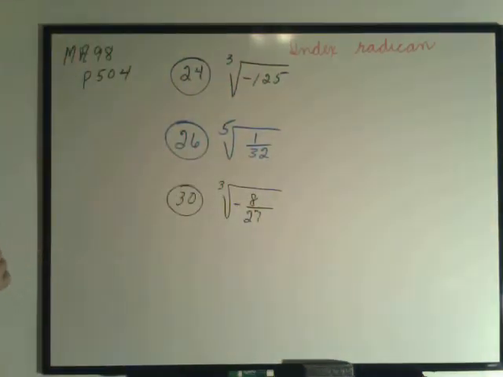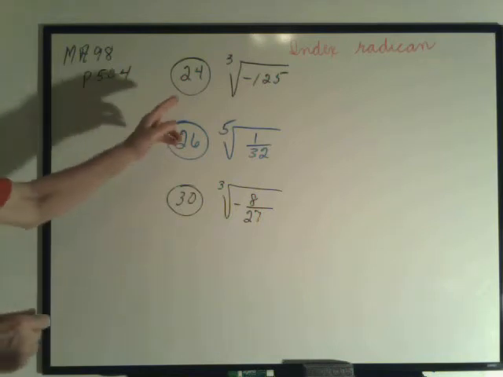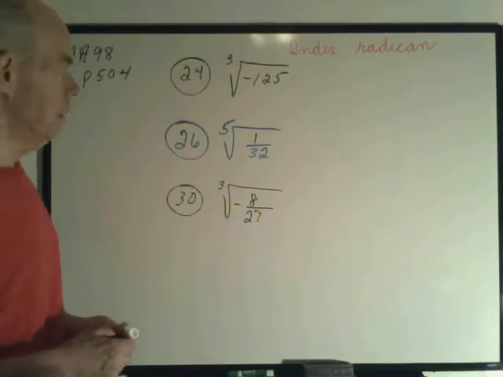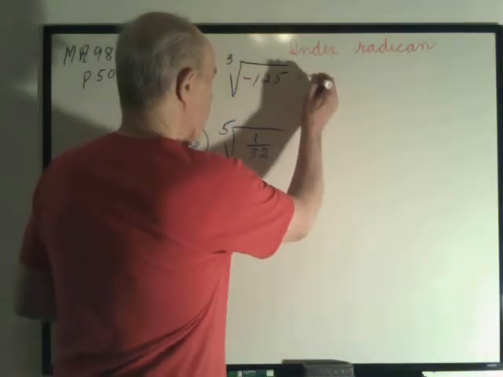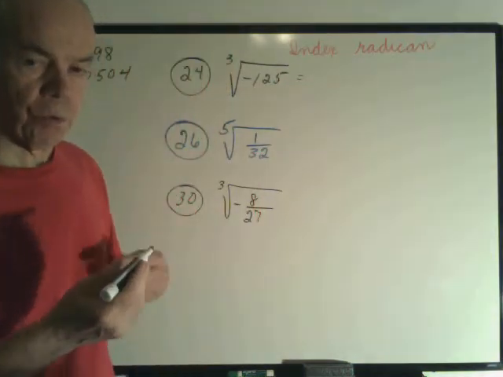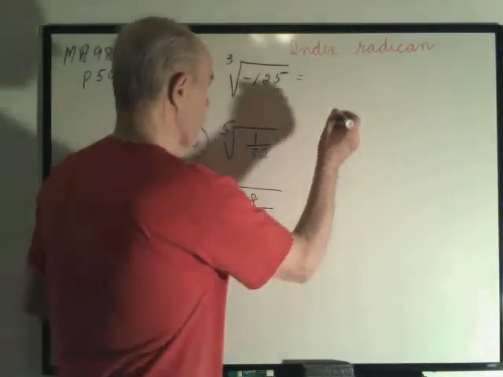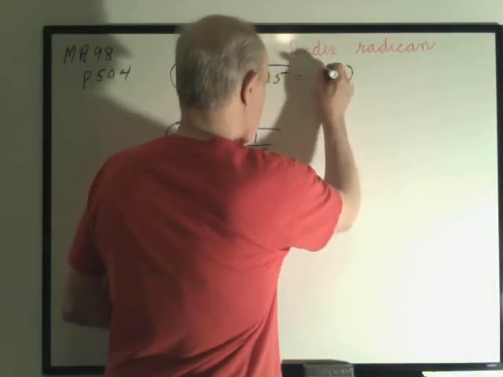Hello, this is Intermediate Algebra, page 504, number 24. What you're looking for is a number which when multiplied by itself 3 times will give you negative 125.